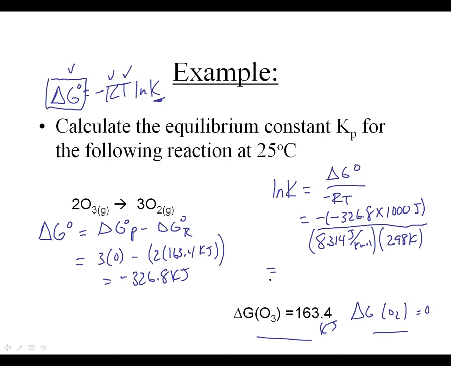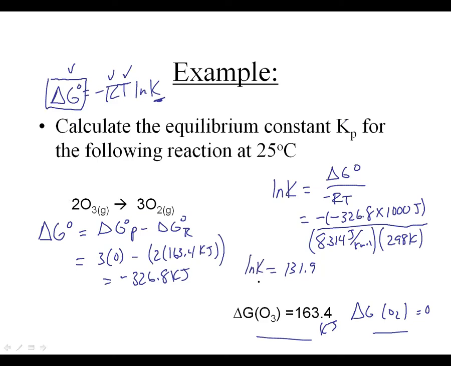So that will get us 326.8 times 1,000 divided by 8.314 and 298, which is something like 131.9, and that's going to equal our natural log of K.